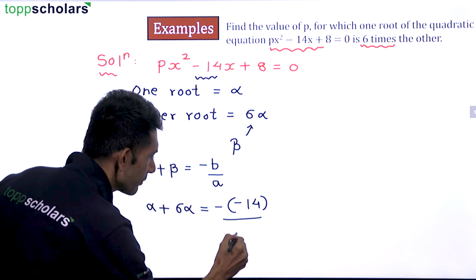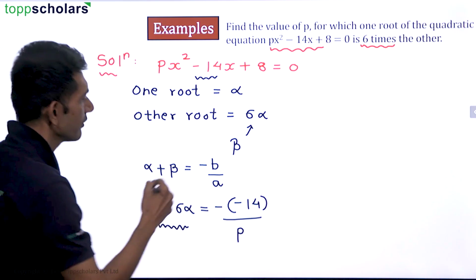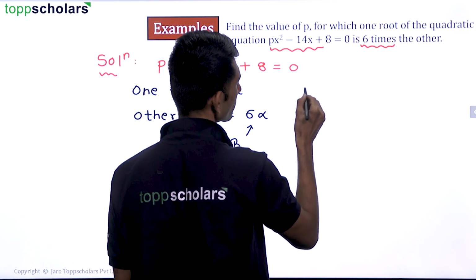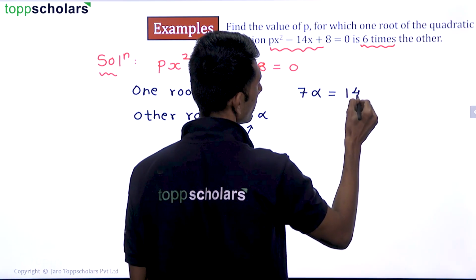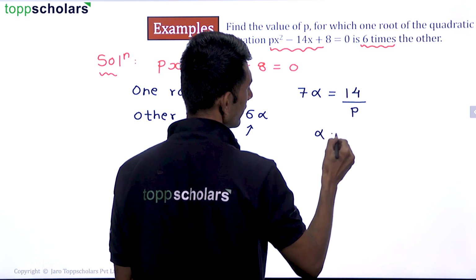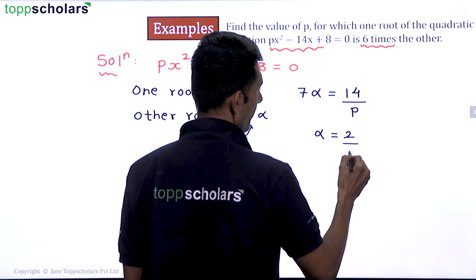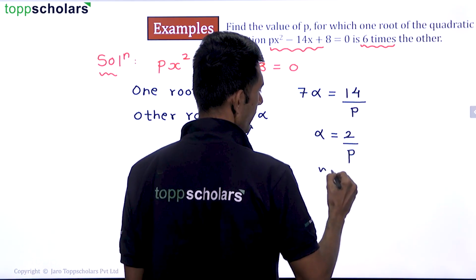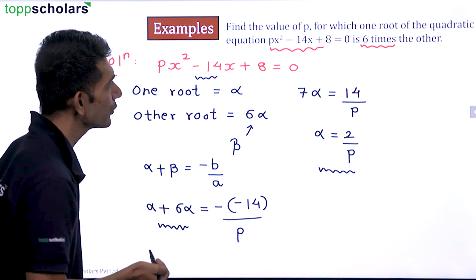A is p. So can I say 7 alpha is equal to 14/p? So alpha is equal to 2/p, right? So alpha + beta is −b/a. From that we got alpha is equal to 2/p.